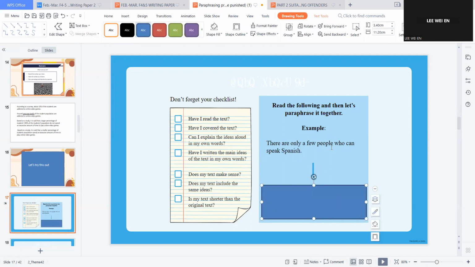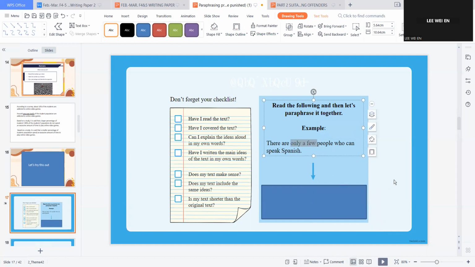There are only a few people who can speak Spanish. Can you try? Use your own words. There are only a few people. What is the key here? Find the key. This one is the key.